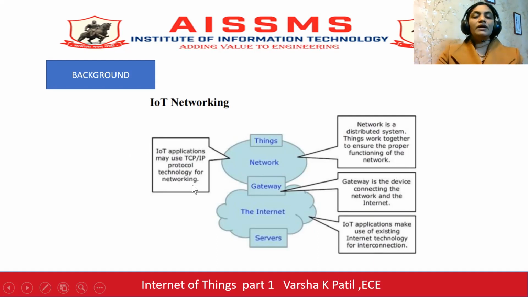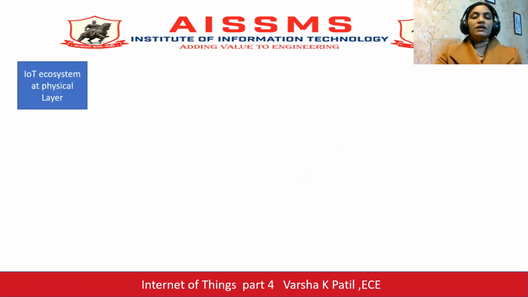So for that we are having TCP IP protocol for the networking. In case of gateway, it is a device that connects the network and internet. The internet is providing interconnection from servers to gateway. So this is the background for previous lectures.